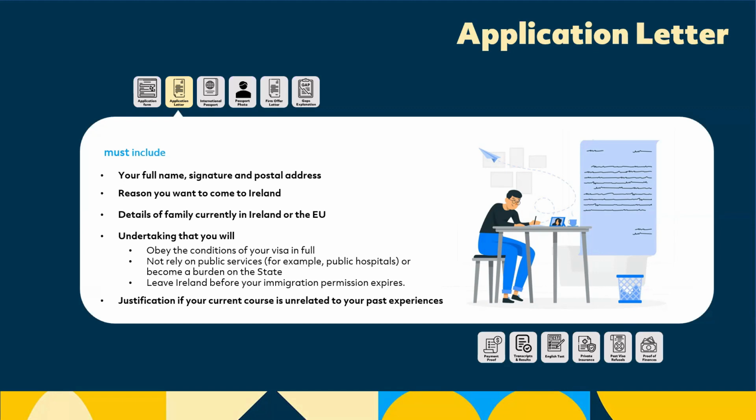Okay. And then you must also justify if your current course is unrelated to your past experience. So I know some of you might be enrolled on some of our conversion business courses, like our management business program, for example. Okay. So maybe you might have done something related to science or something related to engineering, and now you want to gain an experience within management.